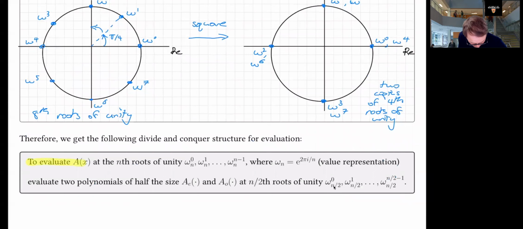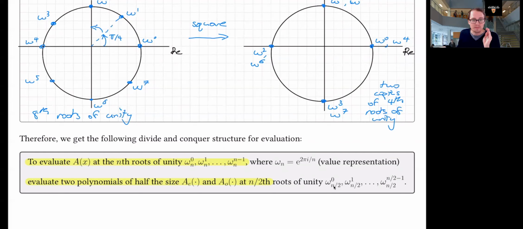So to evaluate A of x at the nth roots of unity, we evaluate 2 polynomials of half the size at the n over 2th roots of unity. And this then is a divide and conquer, right? Instead of solving one problem of size n, I'm going to solve 2 problems of size n over 2, and then I have to do some work to combine and whatever.